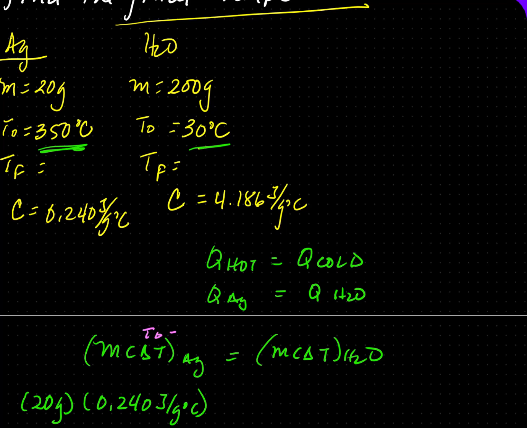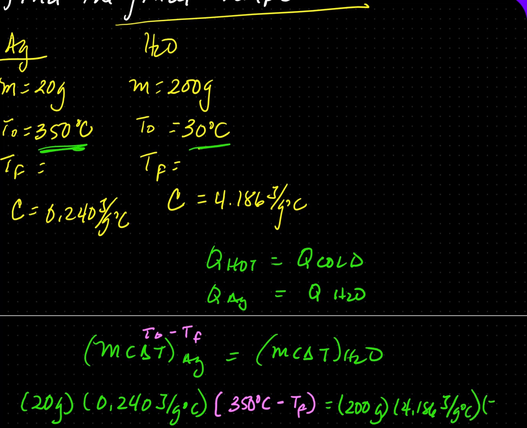We're going to flip our temperature so we could account for the negative sign. So this is going to be 350 minus T final. This is equal to the mass of the water, which is 200 grams. The constant, which is 4.186 joules per gram degrees Celsius. T final is what we're looking for, minus 30 degrees Celsius.